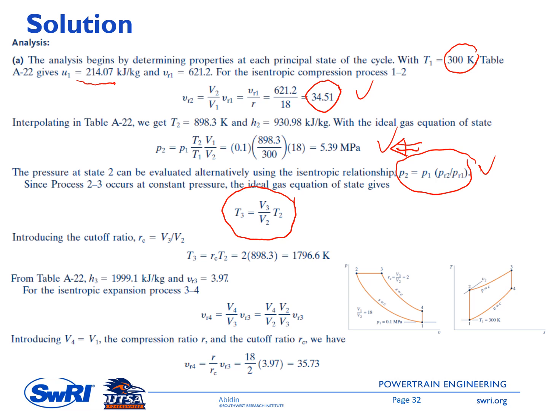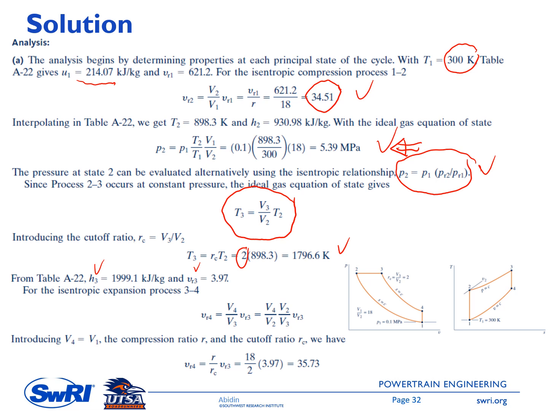So T3 equals V3 over V2 times T2. So V3 over V2 is RC. Okay, RC is given there, 2. Here. So you will get T3, and then once you get T3, you go back again to table A22 to get H3 and VR3. And you need to do interpolation here.